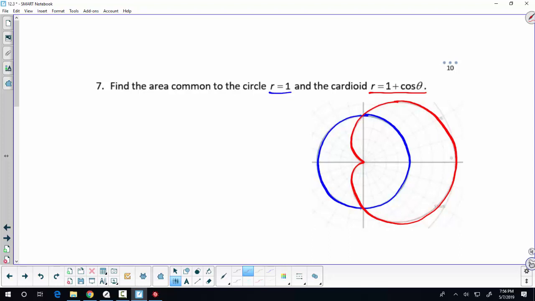Yeah, the area of the, what is that, a kidney bean? The area of that thing.